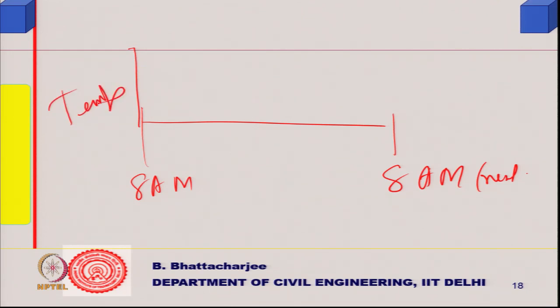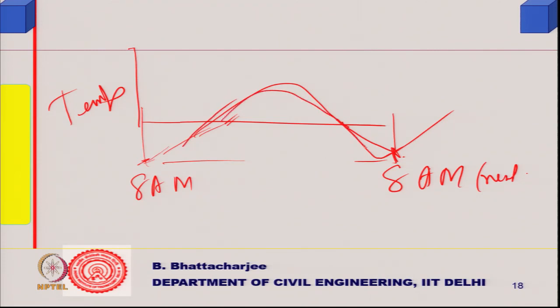So, what you will find is if I have some temperature, let us say something like 37 or 25 degrees somewhere here, then it will go on increasing, and possibly next day also it will be somewhat similar, and again it might be something like this. You might find something of this kind.